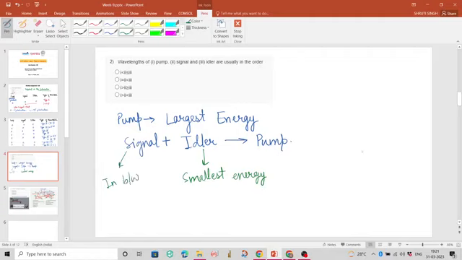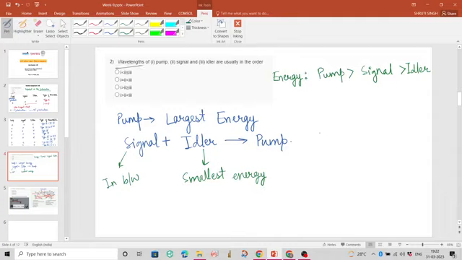So if we classify them in the order of energy, we will have pump greater than signal greater than idler. And in the question it is asked about the wavelength.